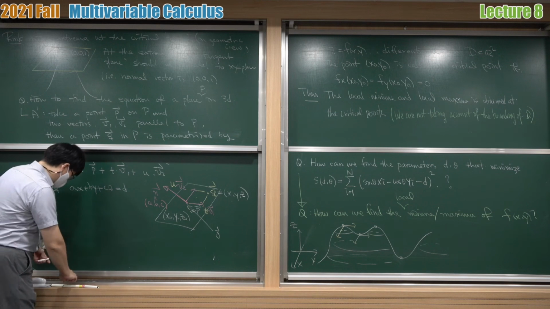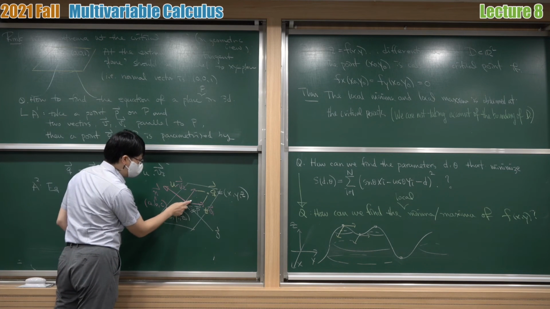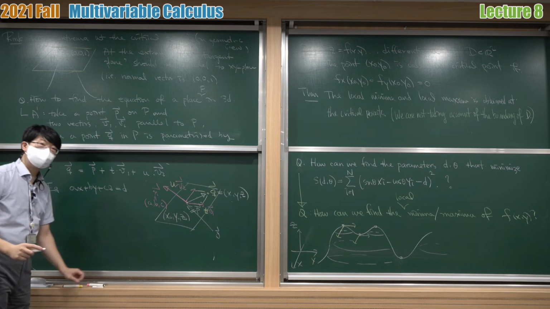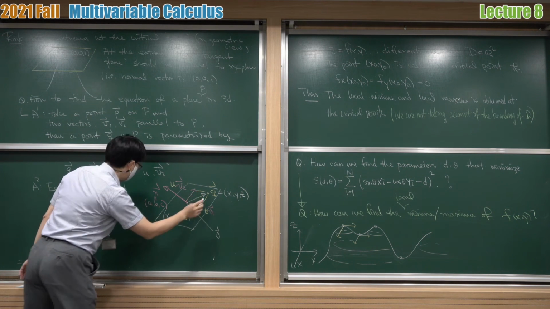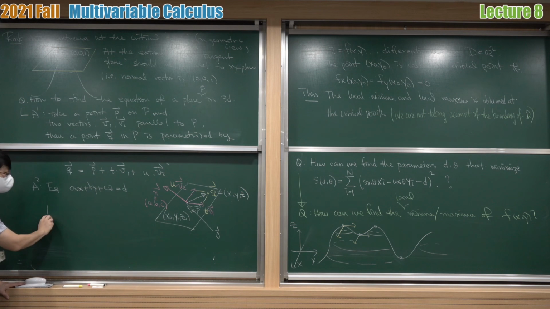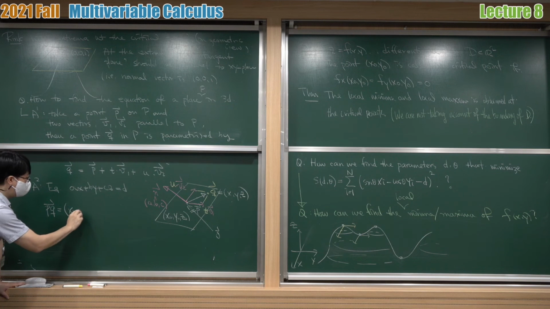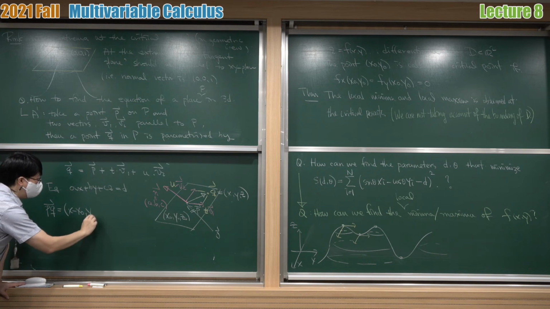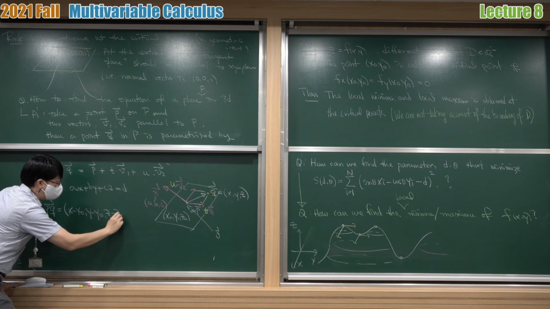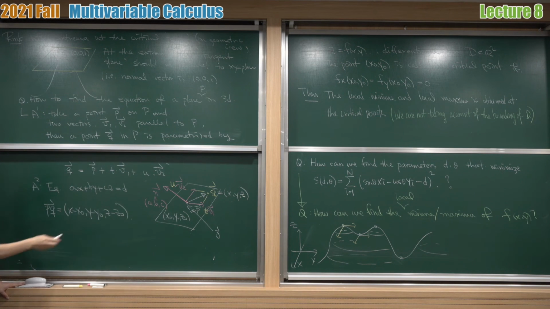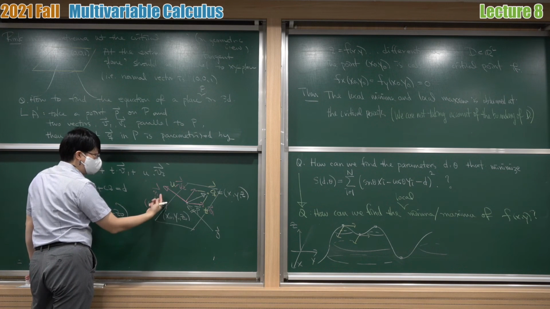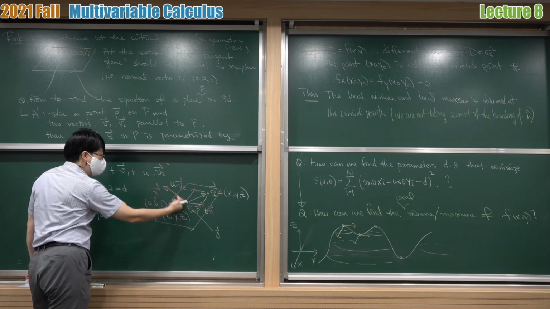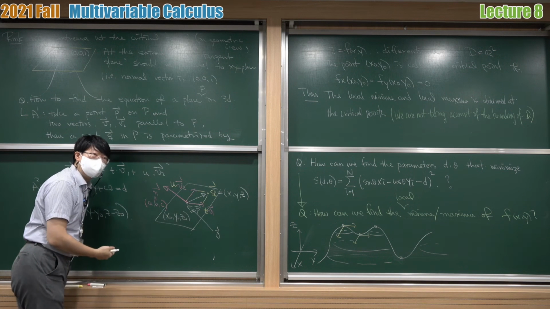Now, let's take the vector P to Q. So let's say this is our PQ vector. PQ vector is given by x minus x0, y minus y0, and z minus z0. Right? That's the PQ vector. And if you know the normal vector to the plane, then the inner product between this normal vector and the PQ vector must be 0.